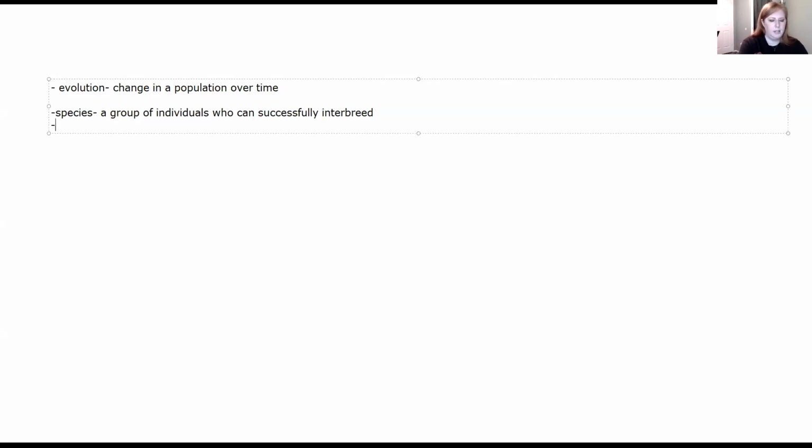All right, now let's talk about a term that we use all the time in everyday conversations, population, but it has a slightly different meaning in science. Okay? A population is a group of individuals who all live in the same place at the same time.